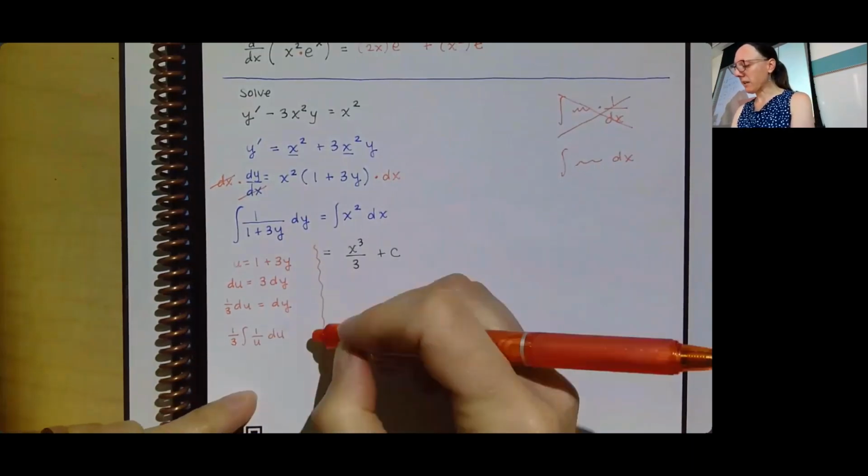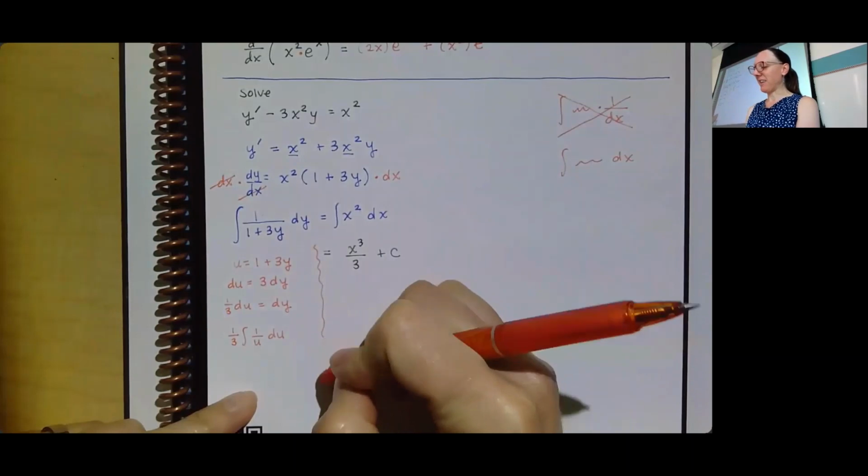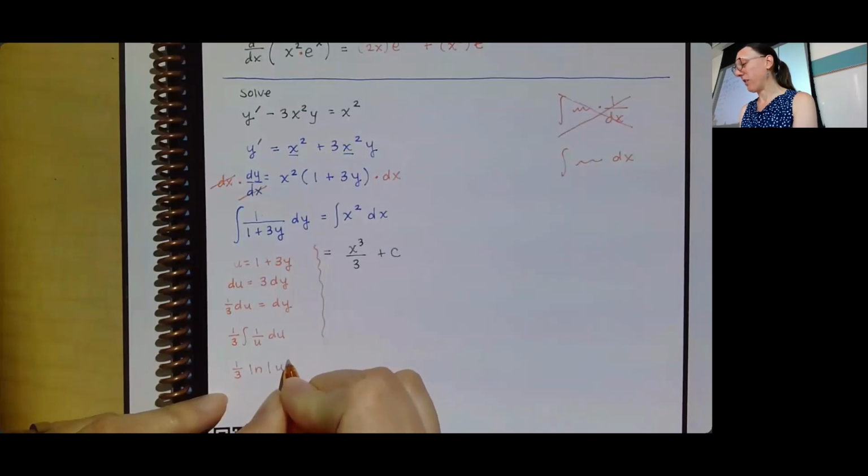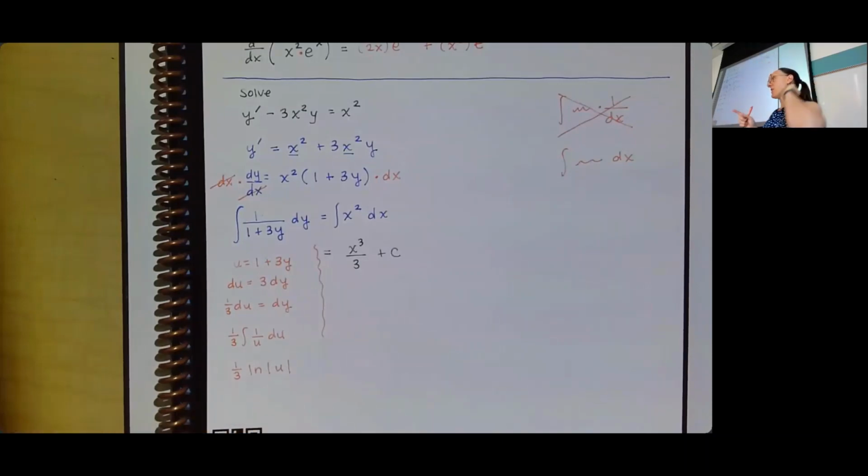Which means once I find that antiderivative, I'm looking at 1/3 natural log absolute value of u. I'm going to pause for a second and say that in particular, when we're talking about differential equations, and especially when we have initial conditions, it's really important to keep that absolute value in there.